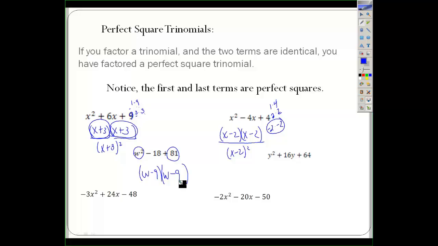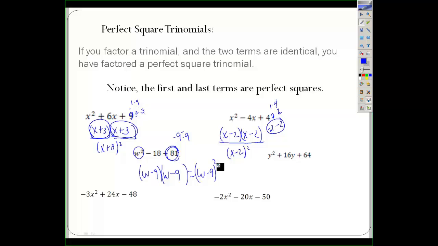Okay, and as you do a lot of these, you'll start seeing them too. Okay, I jumped right to the conclusion here. I know negative 9 times negative 9 is positive 81, and they add up to negative 18. And because this is the perfect square trinomial page, I just kind of skipped ahead. All right, but we want to write this as w minus 9 squared. All right, and so if you want to do them the long way, that's fine.